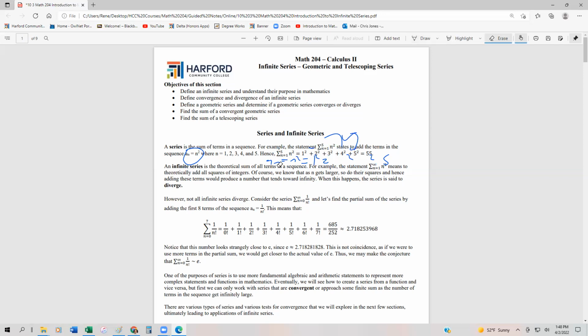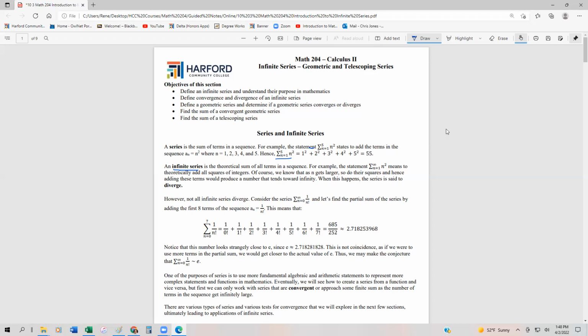Now you might be wondering, why would I ever want to add up all of the terms within a sequence? What we're going to see later in the course is that these infinite sorts of series, all right, so this is a finite series, but an infinite series may represent some functions that we're going to be looking at.